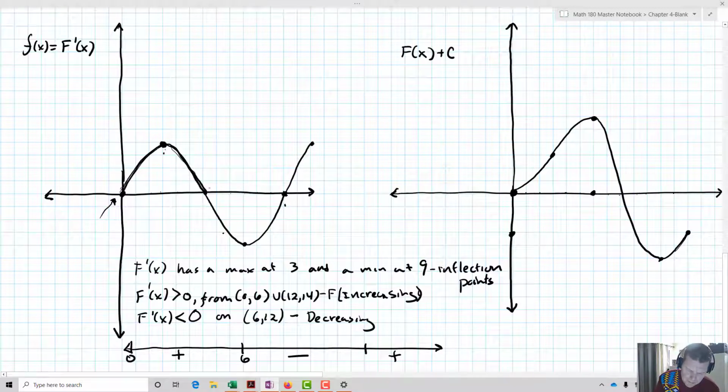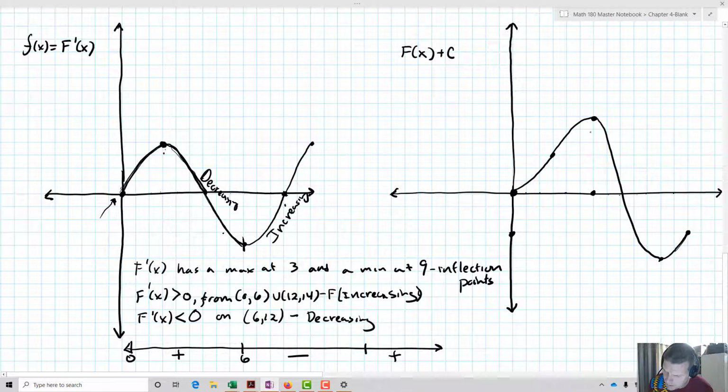And then once we hit 9, our derivative goes from decreasing to increasing. And that means the change in concavity at 9 is to go from concave down to concave up. So we're going to imagine this here. There's that, and then now we're going to concave up. And since the graph continues to increase, we continue to have a concave up graph anyways.